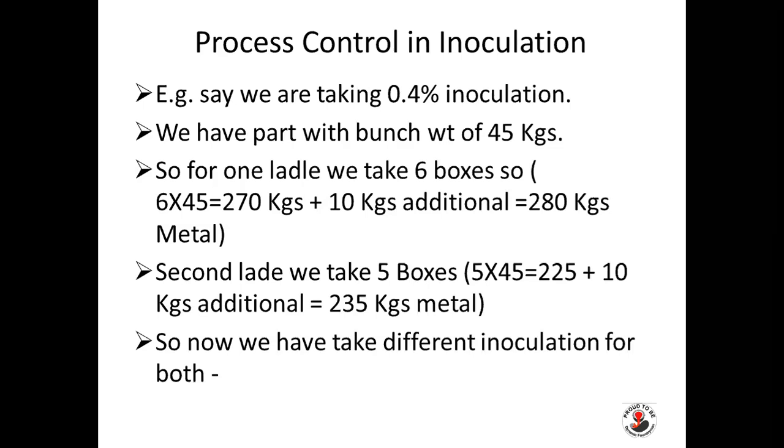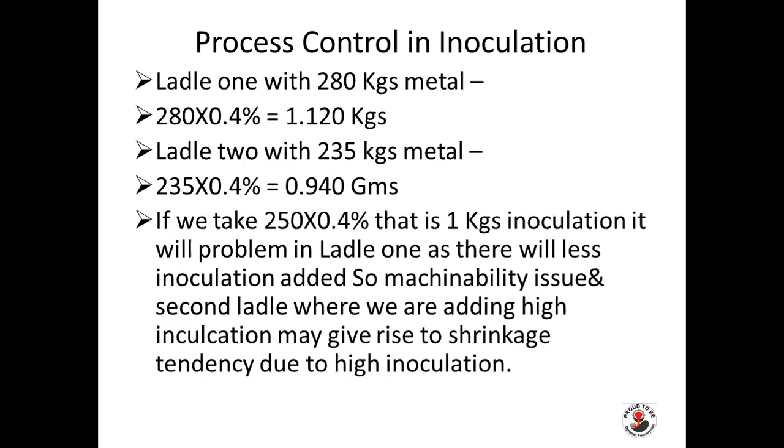Now let us take the difference in inoculation for both. Ladle 1 with 280 kg metal has to have 280 into 0.4%, that is 1.12 kg of inoculation, while ladle 2 with 235 kg of metal will have 235 into 0.4%, that is 0.94, that is 940 grams of inoculation.